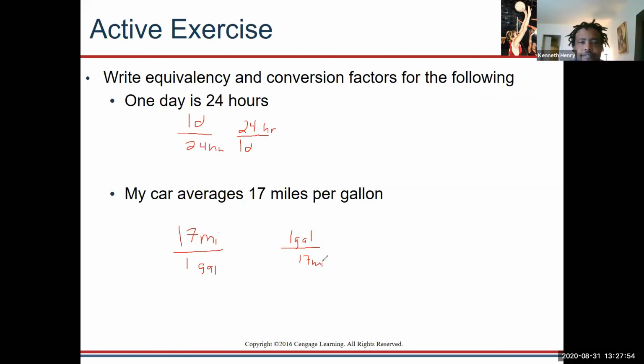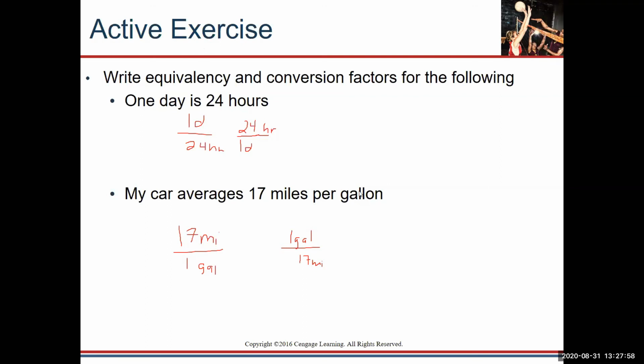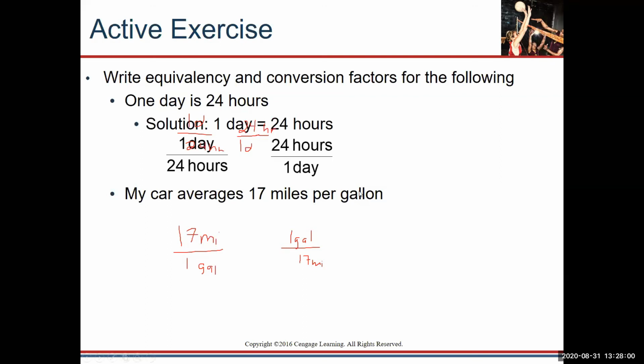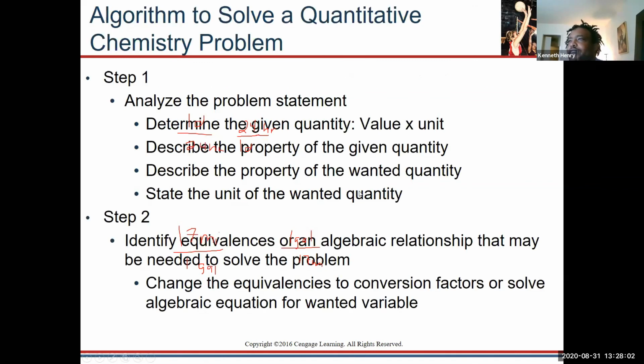Simple? Okay, yes. Let's keep going. See if we can make it a little bit harder.